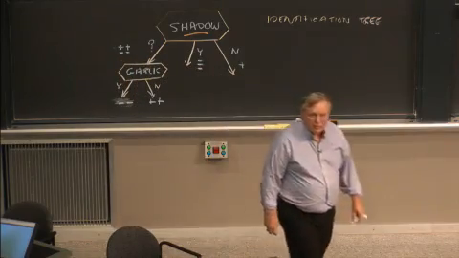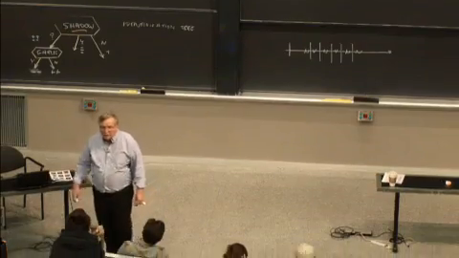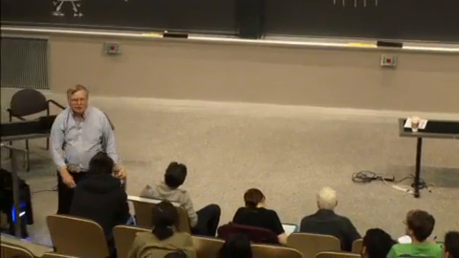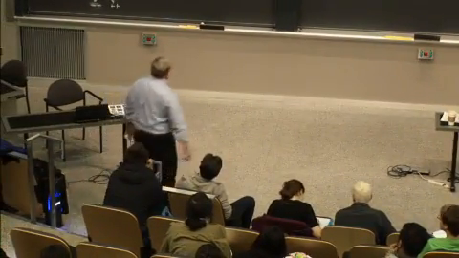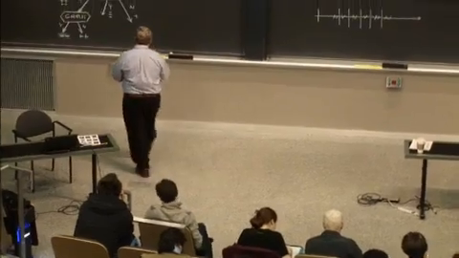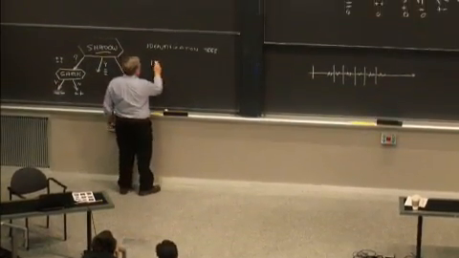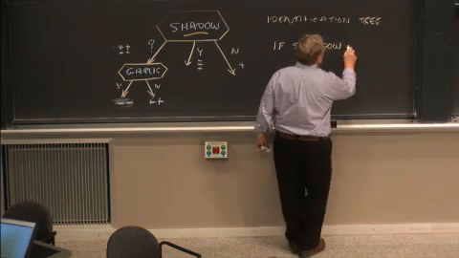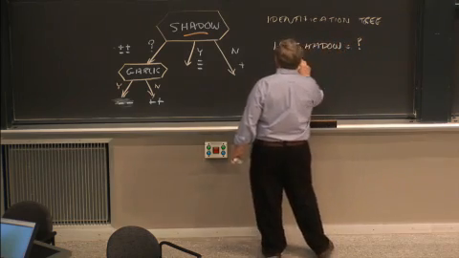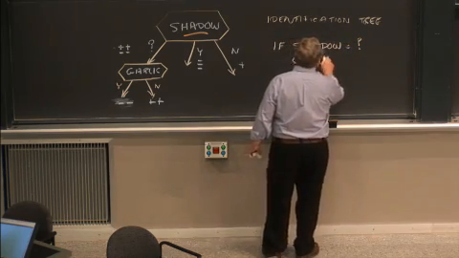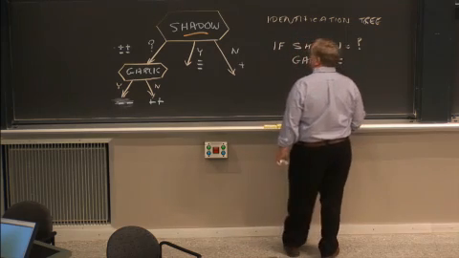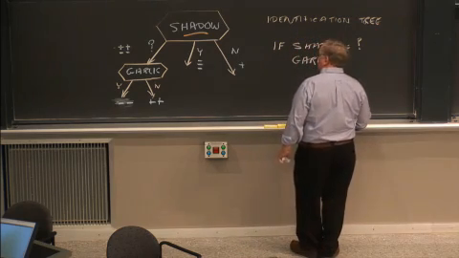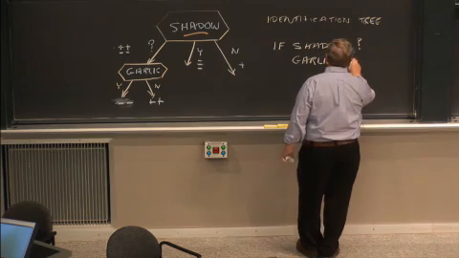It's straightforward. Christopher, what do we do? You basically just look down each branch. You basically just go down each branch to a leaf. So you say, for example, here's one rule. If shadow equals question mark and garlic equals, let's see, which branch do I want to choose?